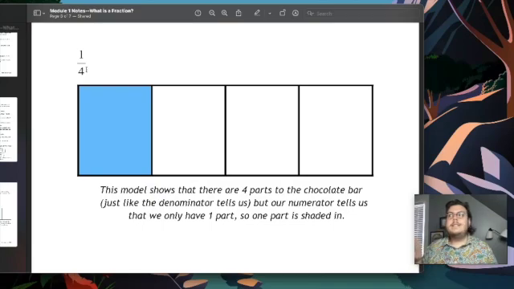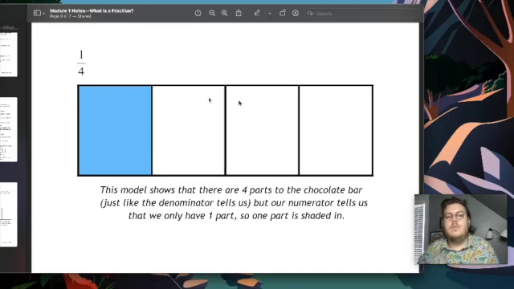I have no idea how this candy bar is divided up until I look at the denominator.